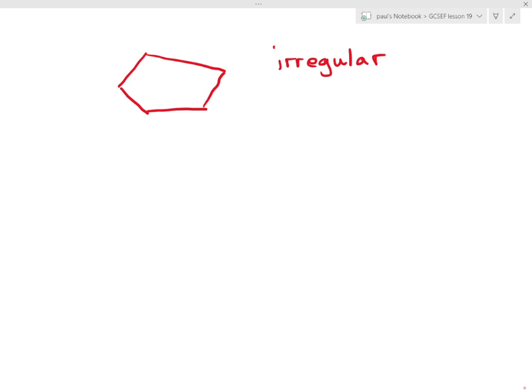So you cannot work out the exterior angle because they're all different. You can't work out the interior angle because they are all different, but you can work out the sum. You can work out the sum of the interior angles by using this method. And this method will work whether it's regular or irregular.